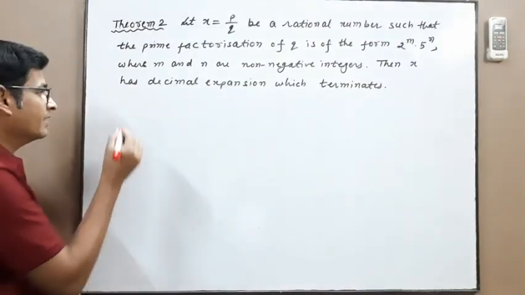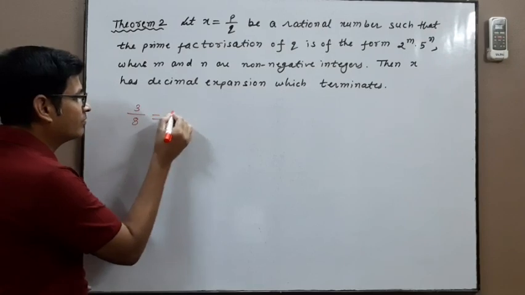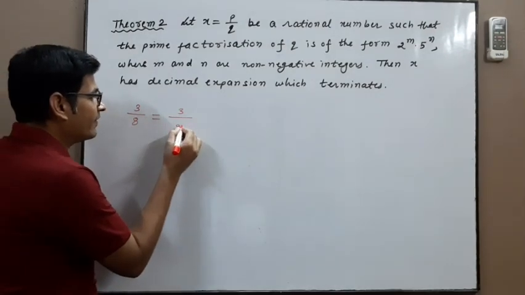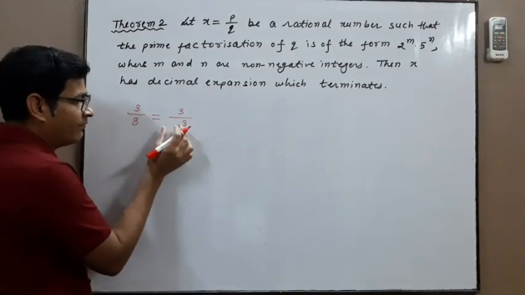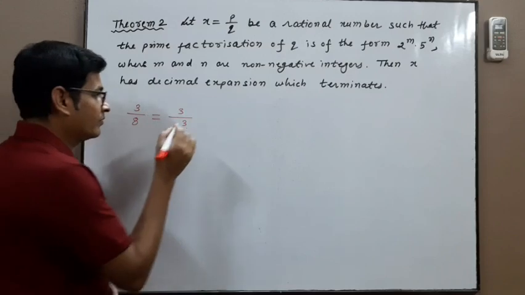For example, 3 by 8. The factor of 8 is 2 raised to the power 3. Clearly, the factor of the denominator is a power of 2.